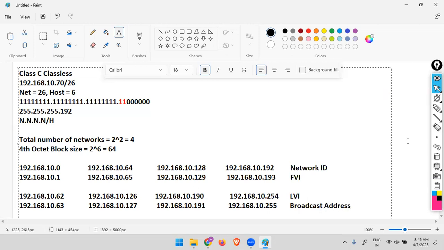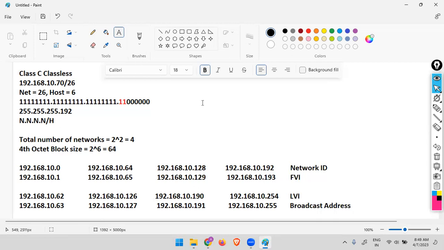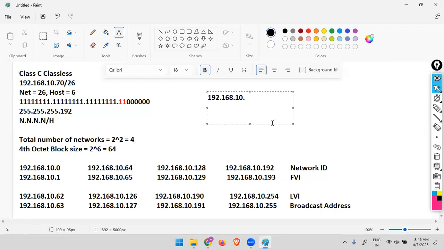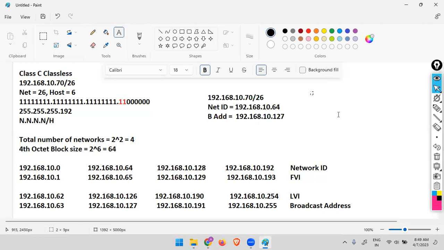Correct. Okay, so according to this IP address, whatever IP address we have right now, 10.70/26, what will be the network ID and what will be the broadcast address? 192.168.10.64 is the network ID, and 127 is the broadcast address.